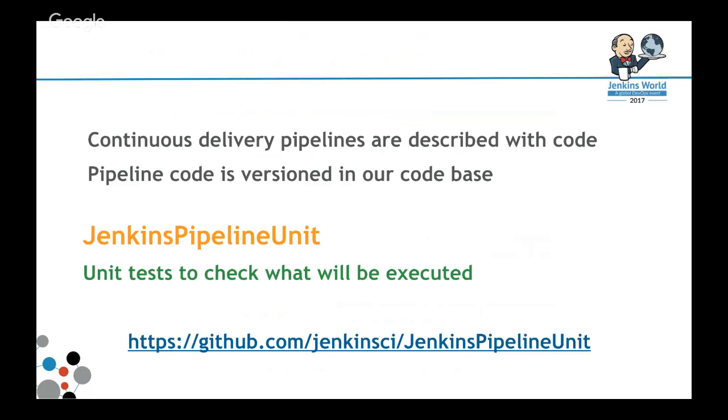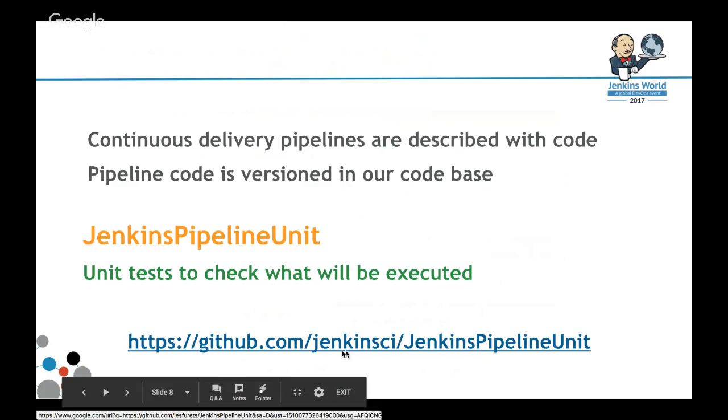So that's why we wrote a testing framework on top of Groovy that lets us unit test pipeline code, the Groovy scripts, in the IDE like in every code project.